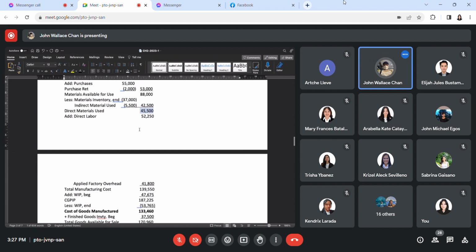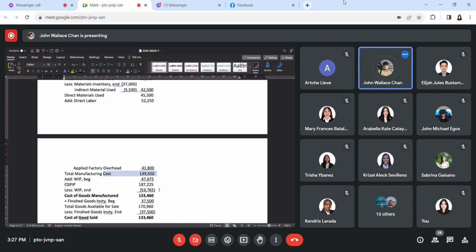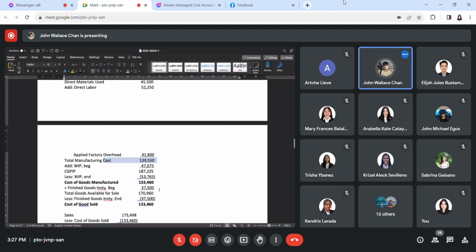After that, our next goal is to get your TMC. So you just add your direct labor cost and then your applied factory overhead, which gives us the value of 139,550. So now we add our work in process beginning, which is from the first paragraph, 47,675.